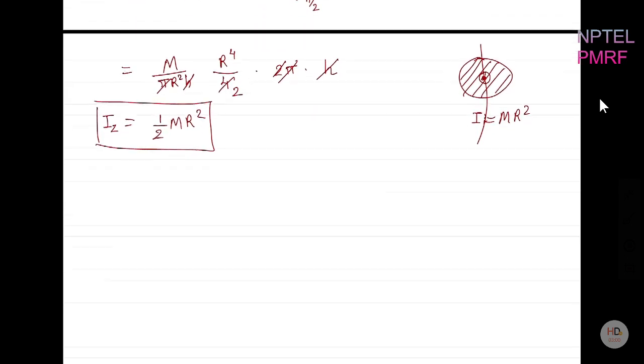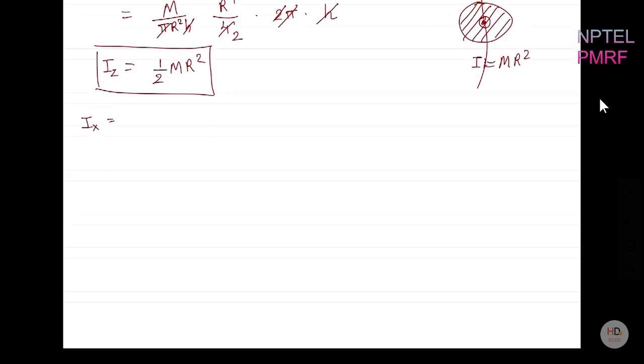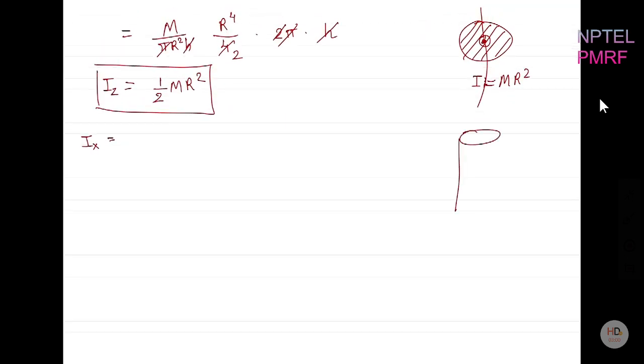Okay. So the next thing, which is slightly trickier, is about the x or y axis. Okay. So now you have to think of a point, how far this point is with respect to this axis.